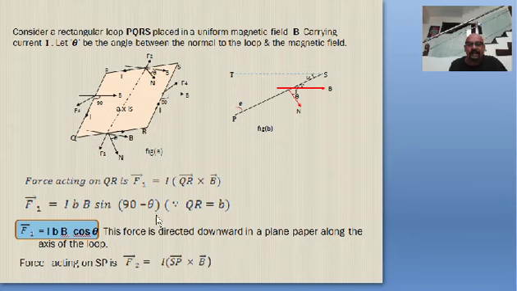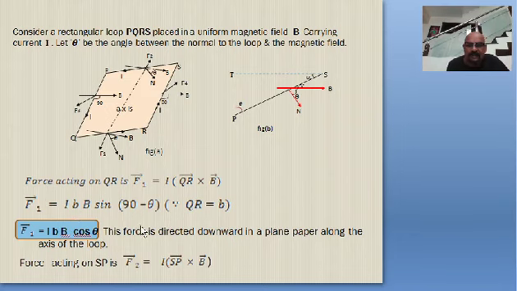F equals I times QR times B sin theta, where theta is the angle between QR and B. In this case QR and B make an angle 90 minus theta. See here, the angle between this magnetic field line and QR is 90 minus theta, therefore we have taken 90 minus theta.